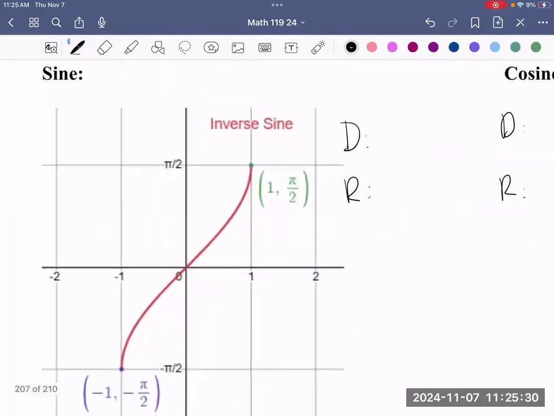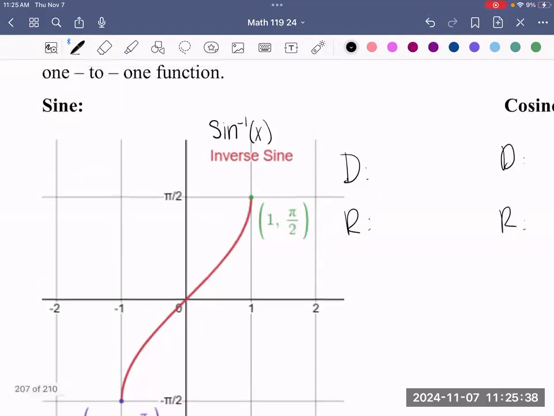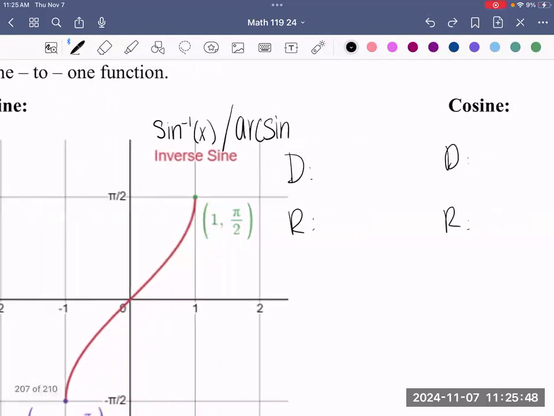For sine, your inverse, so inverse sine, we can write it as inverse sine of x or of theta, or you can call this arc sine as well, or arcsin, leaving off the e. A couple different ways to say it.